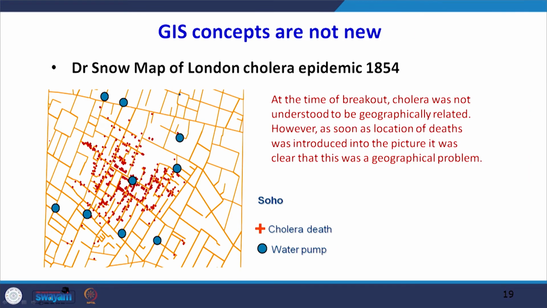So Dr. Snow, who was a medical doctor, tried to map those locations where a lot of cholera deaths took place in 1854. The plus marks are those locations of cholera deaths, and then he superimposed the locations of the hand water pumps and tried to find out the correlation between the number of deaths and the water pump locations.